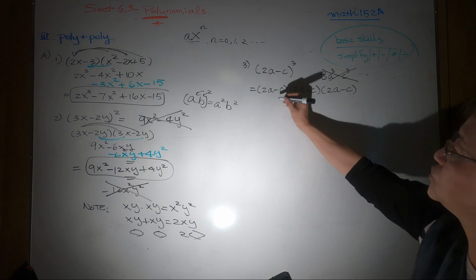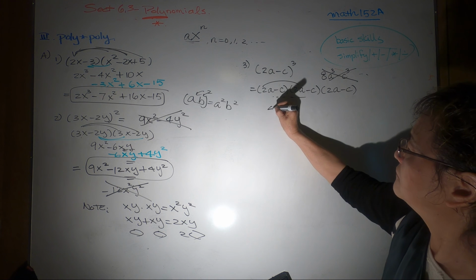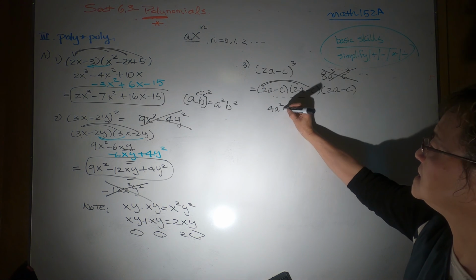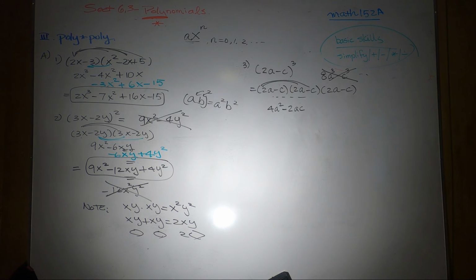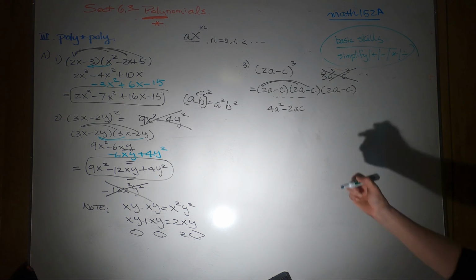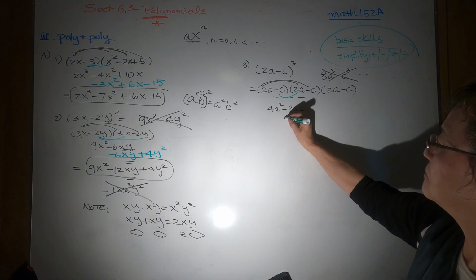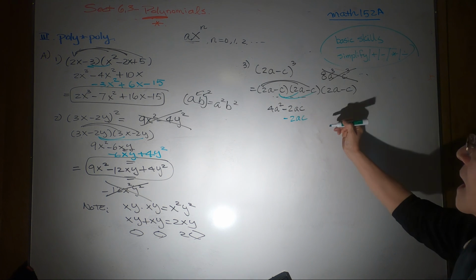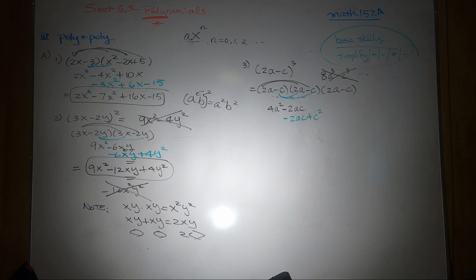So you do the first two. 2a times 2a, 4a squared, right? 2a times negative c is minus 2ac. Then the lower one, negative c times 2a, minus 2ac. Negative c times negative c would be plus c squared.